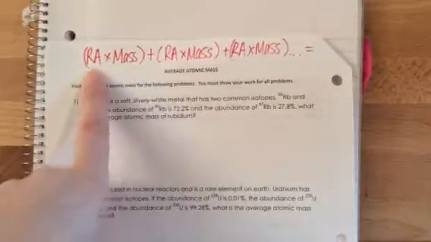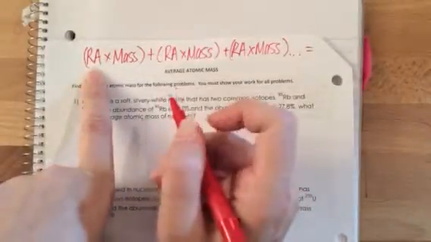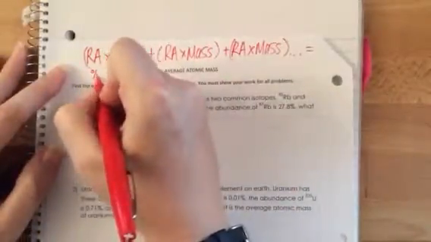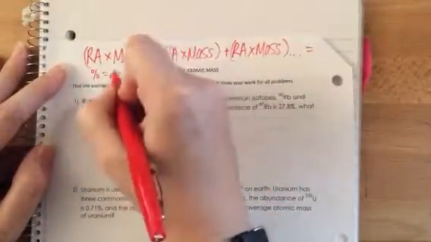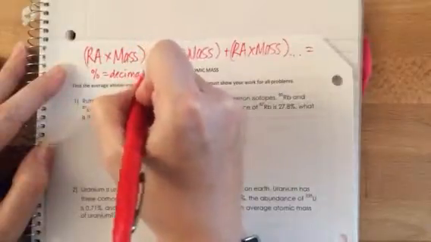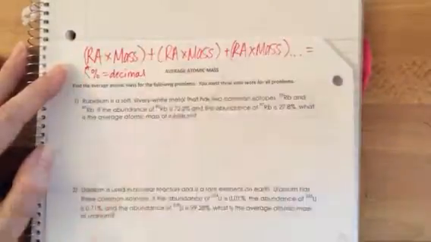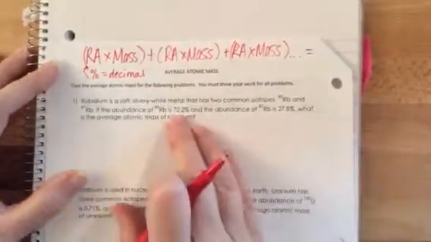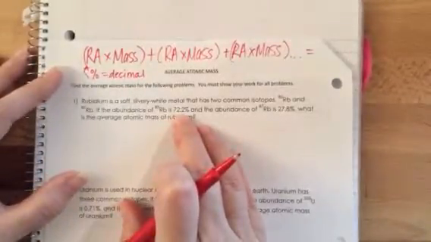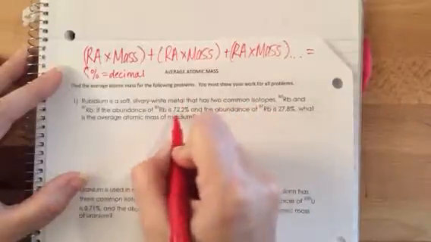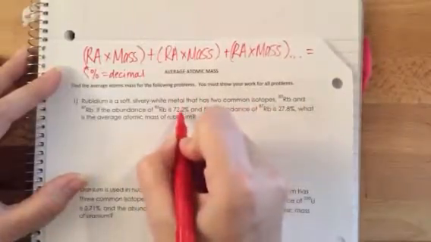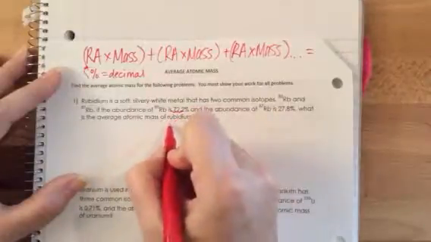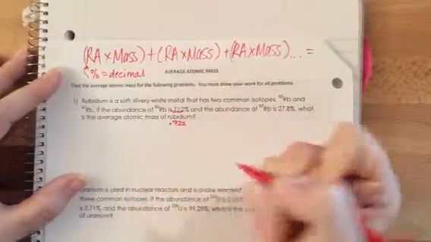So for your equation, you're going to have something called the relative abundance, RA. Relative abundance is just taking your percentage and turning it into a decimal. You can do a couple different things. This 72.2%, you can divide by 100, or you can just move your decimal place 2 times, 1, 2, and that'll give you 0.722.